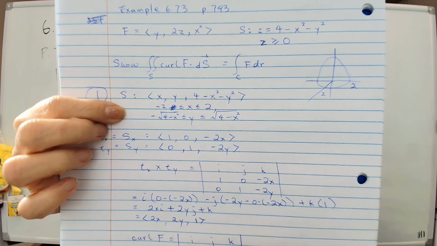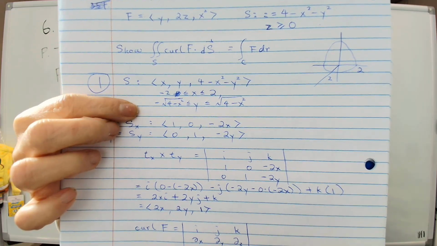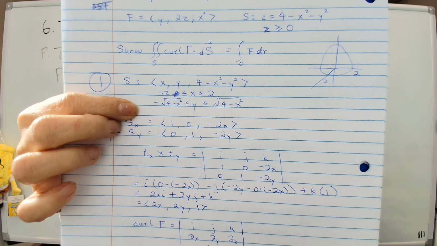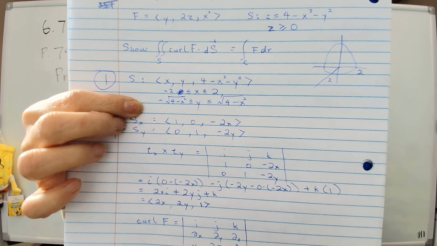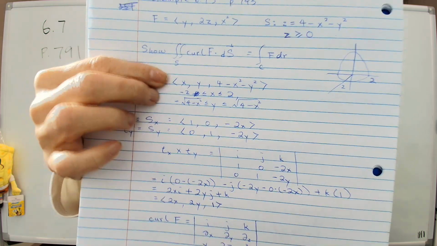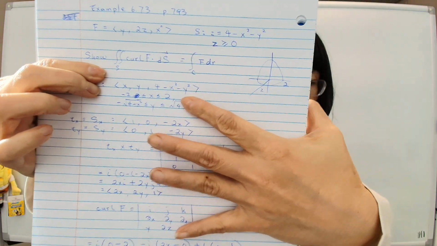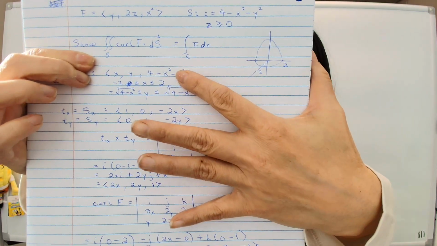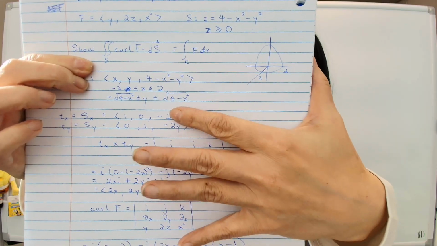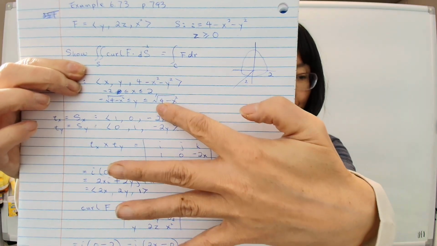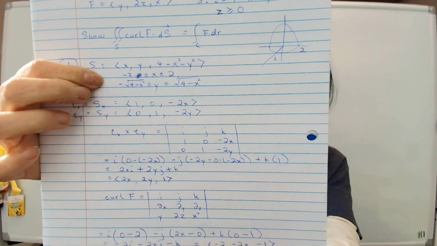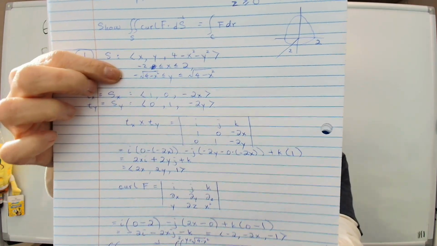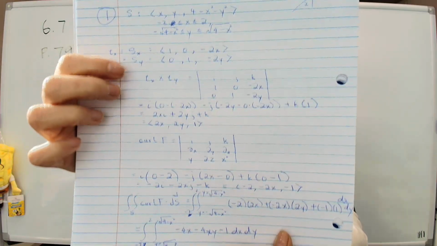Where x will go from -2 to 2, and y is going to go from minus the square root of 4 minus x squared to plus the square root of 4 minus x squared. That's because we're setting this equation equal to 0 to calculate y in terms of x. So if you set that equal to 0 and solve for y, you will get this. And y will vary between those two because this is describing a circle, but parameterizing a circle in a slightly different way.